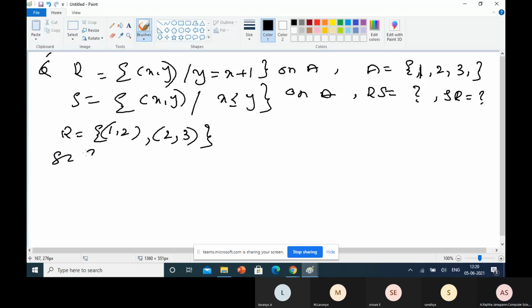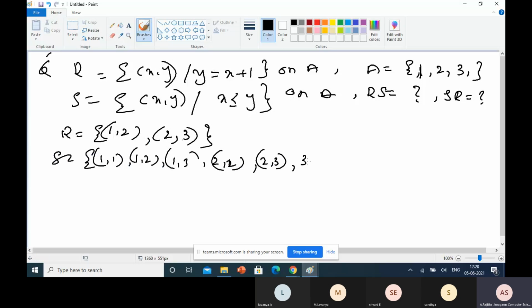Coming to S: 1 comma 1, 1 comma 2, 1 comma 3, next 2 comma 2, 2 comma 3, and 3 comma 3. Now the composition of R and S, 1 to 2. Apply the transitive rule: 1 to 2, and here 2 to 2 is there.